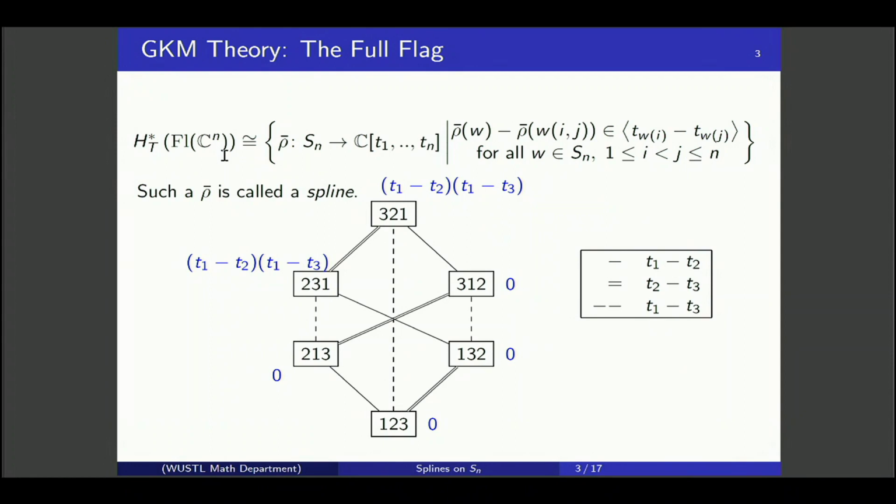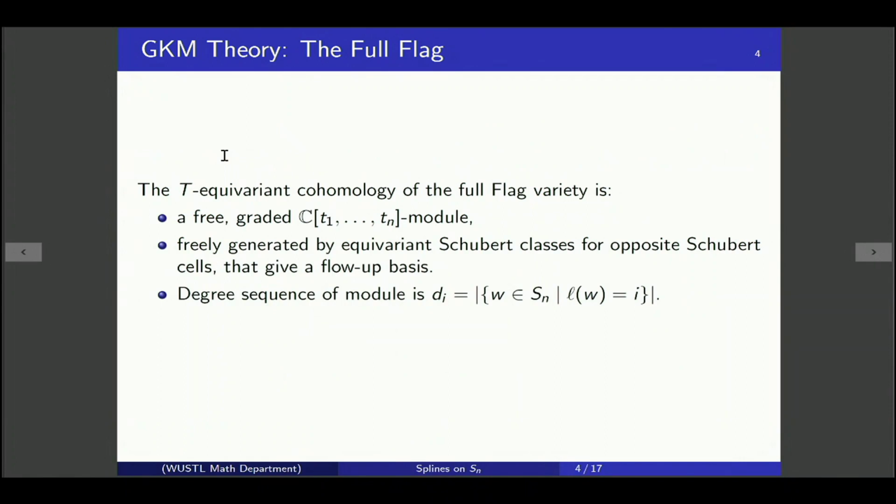Now, a couple of the important properties of the T-equivariant cohomology, or the ring of splines, for the full flag. First, it's a graded polynomial module. So if you multiply by the same polynomial at every single vertex, our differences aren't going to change, at least not divisibility. It's freely generated by equivariant Schubert classes for opposite Schubert cells.